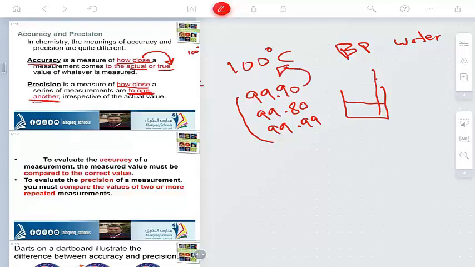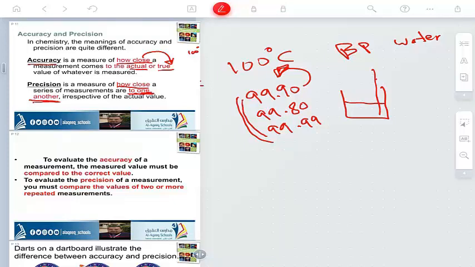If the value is close to the true, actual number, it means it's an accurate measurement. If they are close to each other, it means this measurement has precision.